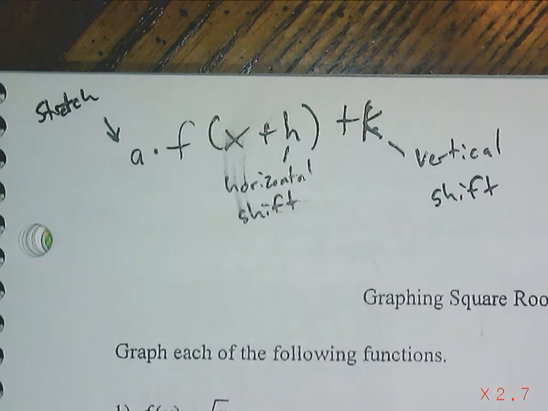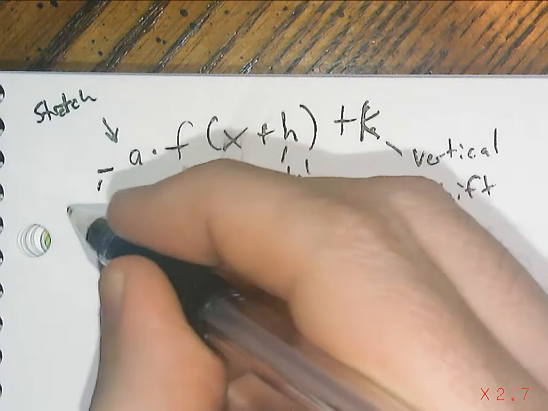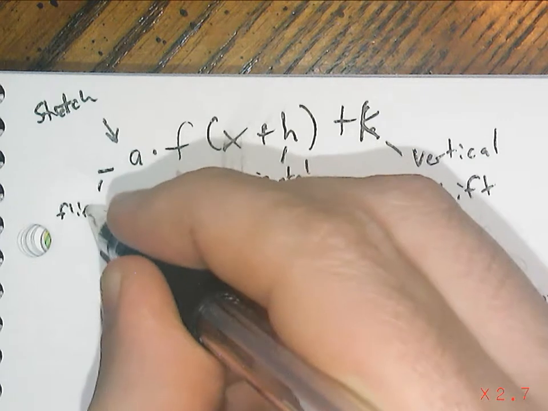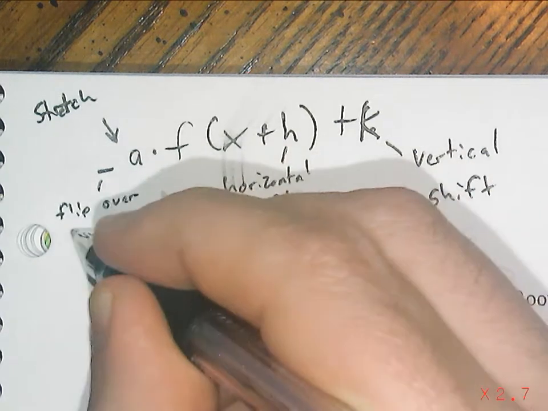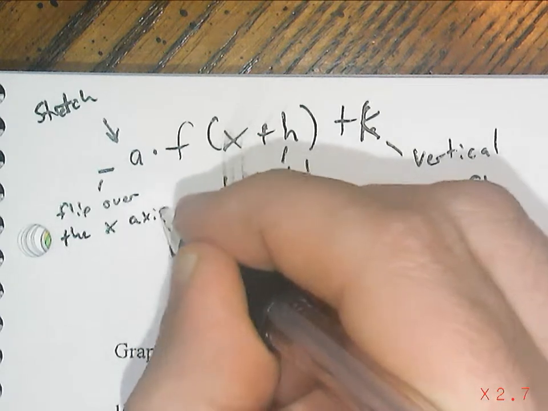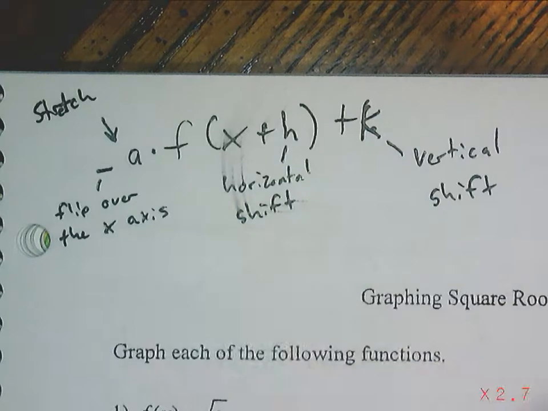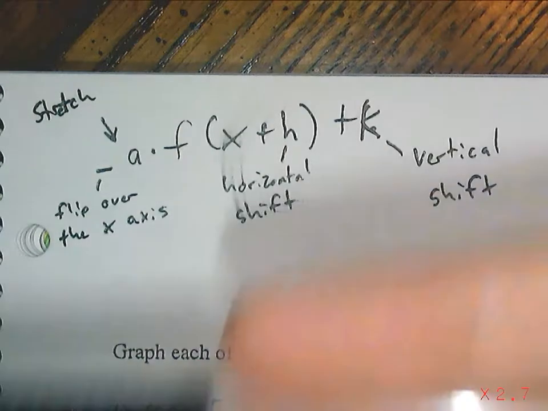Okay, and there's two other things that can happen. If this a was a negative, that would flip over the x-axis. So it is a vertical mirror.